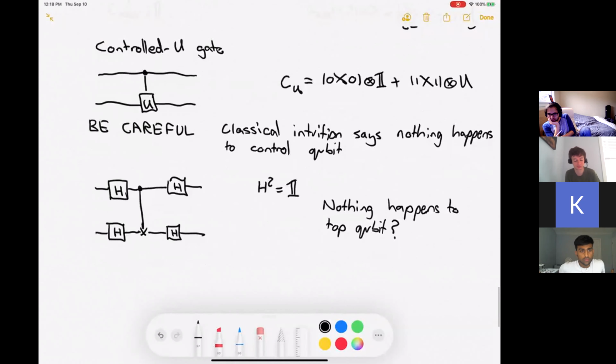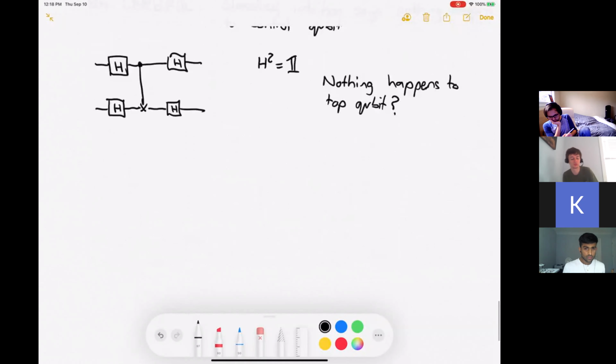Okay, let's just consider all the possible inputs here. I'm going to do this very explicitly because it's good practice for the later stuff. Say you start with the input being in the 0-0 state. Now let's imagine we apply Hadamards to each of the 2 qubits. What's the state going to be? Someone tell me here. We've got a lot of steps to go through, so people need to chime in fast. Plus plus. Awesome.